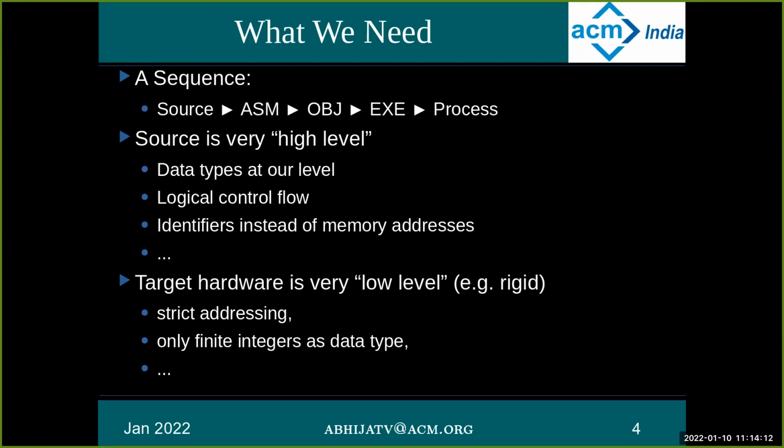And we do think of target hardware as very low level, particularly in terms of the rigidity. So there is strict addressing, only finite integers are available as data types. So the values of a data type have a limitation. There is a lower limit and an upper limit to the possible values that can be stored in the data type, and so on and so forth. That is what occurs because of the rigidity. All right.